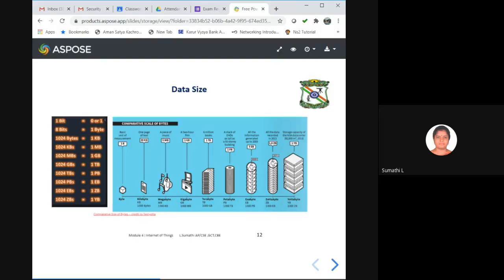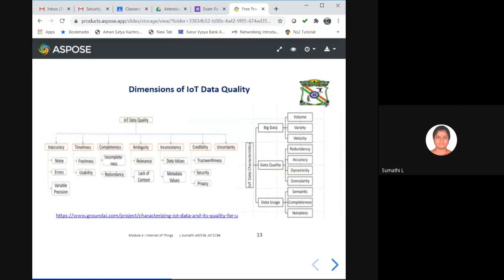As more devices get connected, such as autonomous vehicles, you need to handle a large volume of data. When you have a large volume of data, only then do you need data analytics to derive meaningful information from it. Okay, so let us see the dimensions of IoT data quality.